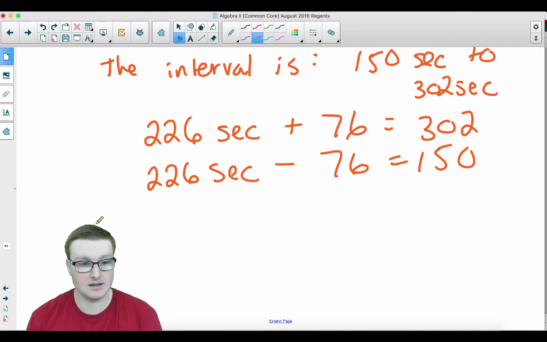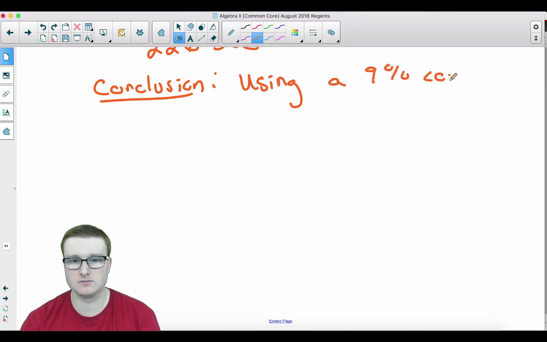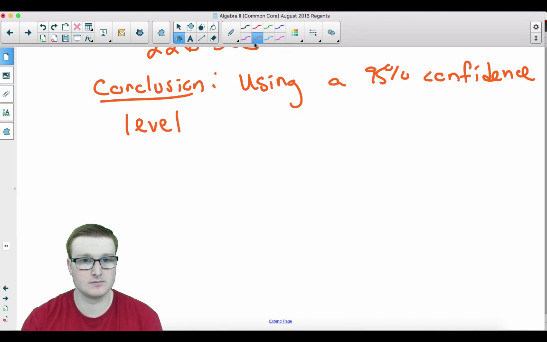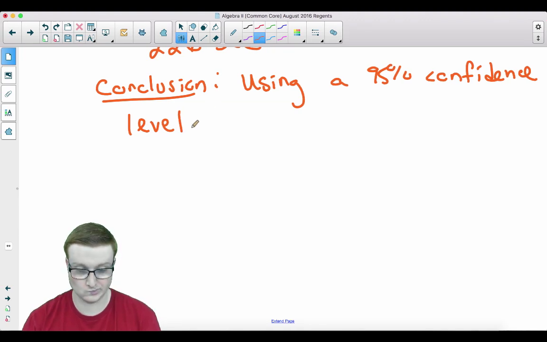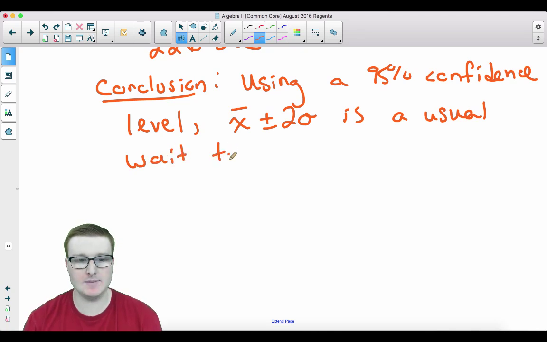So we're going to say the conclusion. The conclusion: using a 95% confidence level, the mean plus or minus 2 standard deviations is a usual wait time interval.